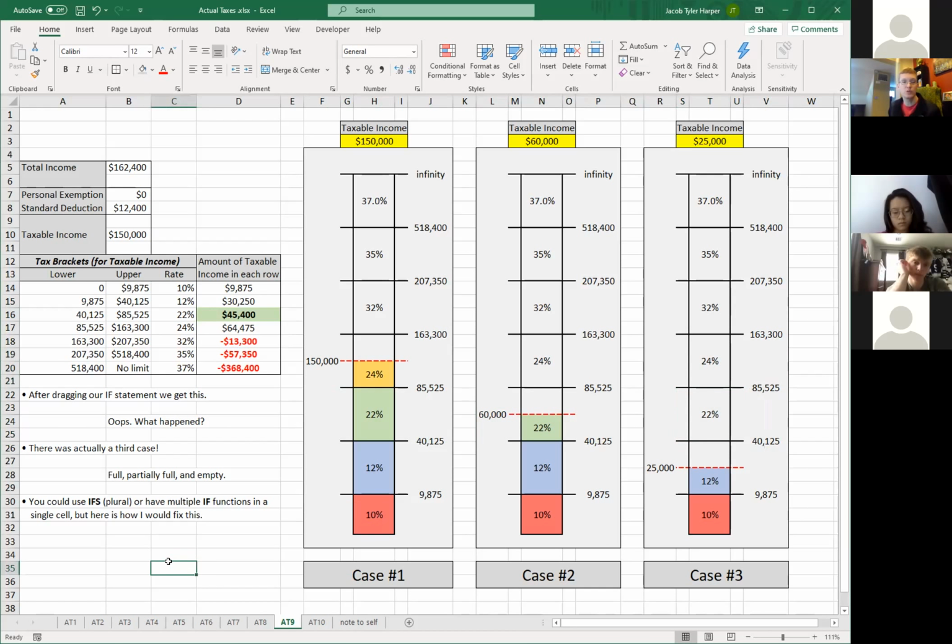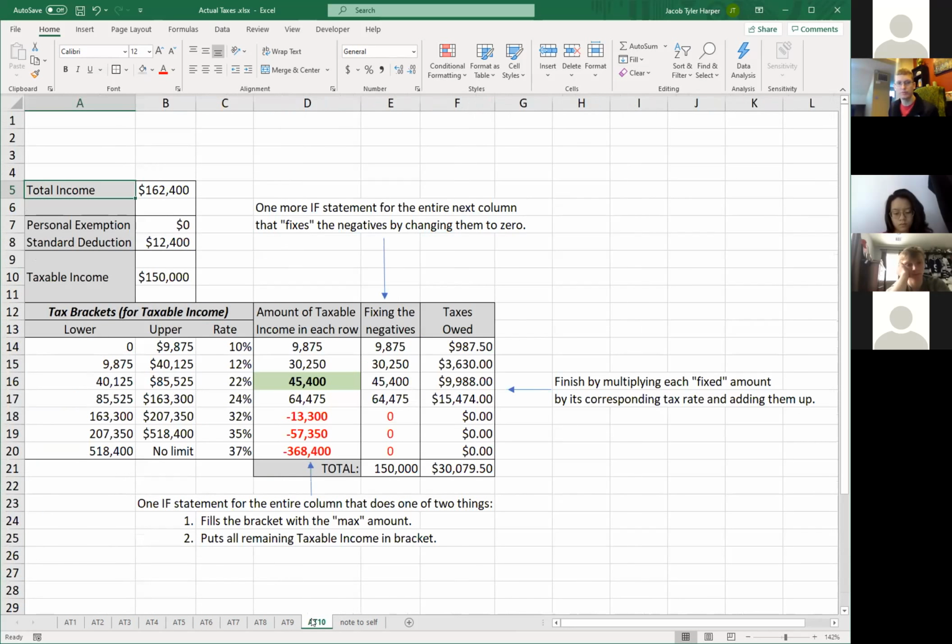And there's a couple of ways you can do this. You can use a new function I've never shown you before called IFS, which is plural. It allows you to do more than just two cases. You could also try multiple uses of our regular if function in one cell. But here's how I would do it, because while both those solutions work and are maybe cleaner because they keep everything in one cell, here's what I think is the easier approach.